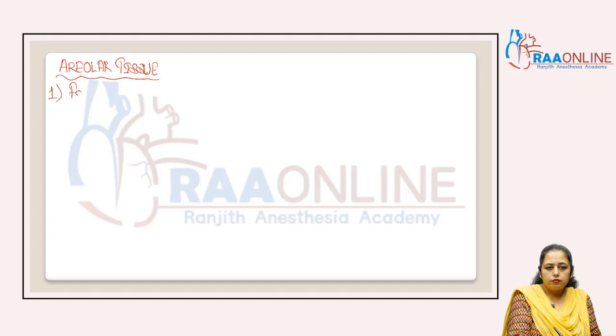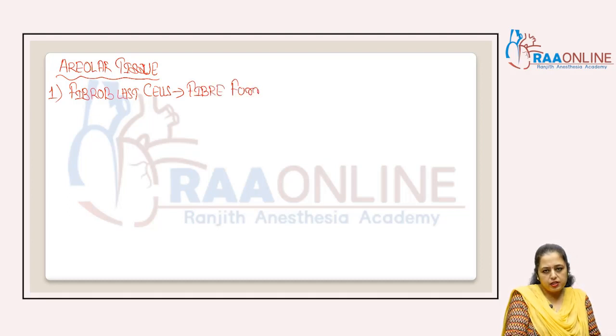It has different kinds of cells. First one is the fibroblast cells. These fibroblast cells are the fiber forming cells, right? They are the principal cell of the areolar tissue.